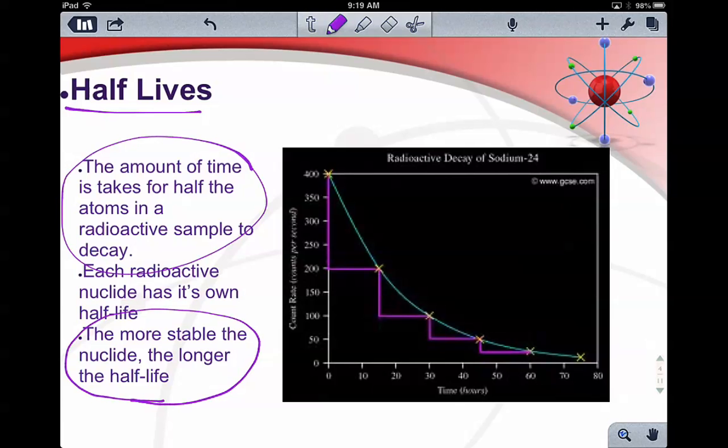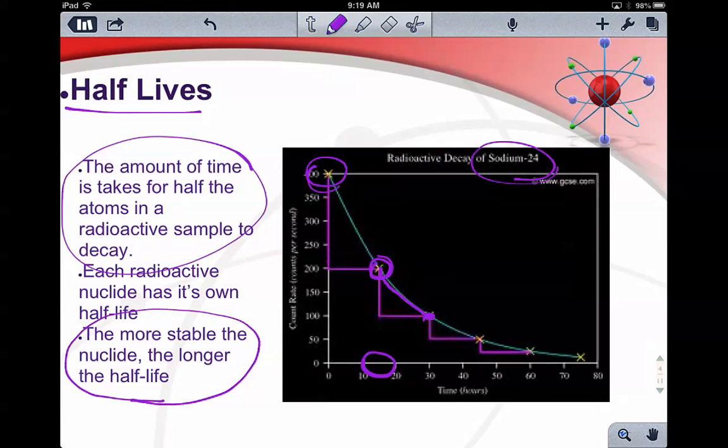Over here, I've got the decay of sodium-24, and if we started out with about 400 grams, which is a lot, of this sodium-24, and after about 13, 15 hours, something like that, which is the half-life of this sodium atom, then at that point we're down to 200. And then each 13-ish, 15-ish hours that pass, another half of it will have decayed.